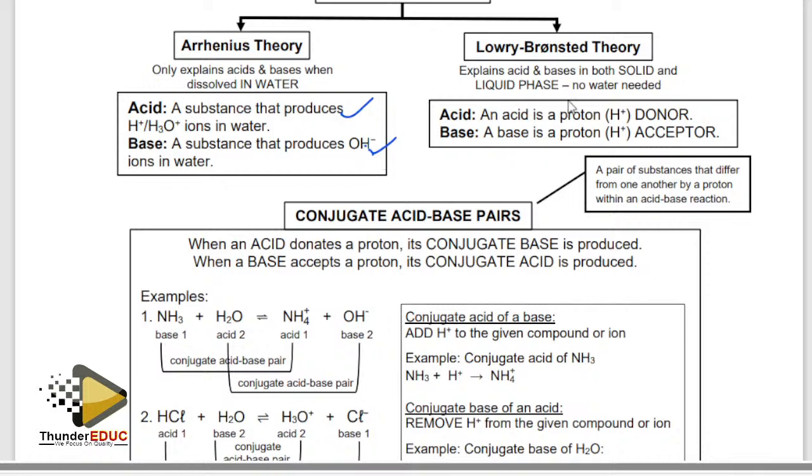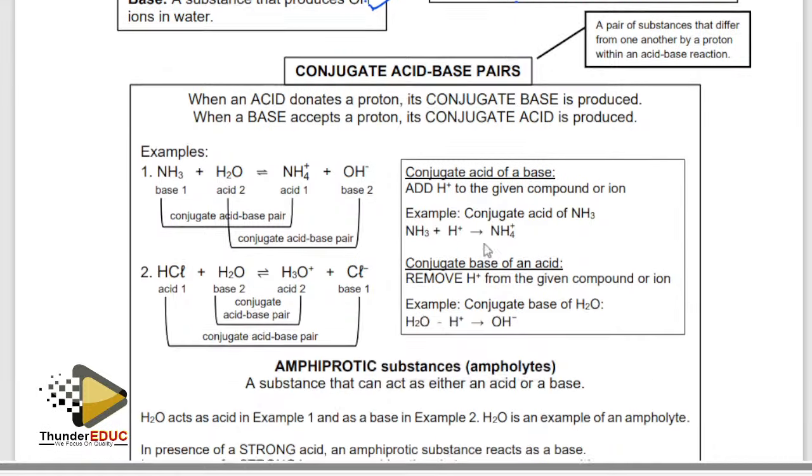According to Lowry-Bronsted, an acid is a proton donor and a base is a proton acceptor. So basically, I have to know that.